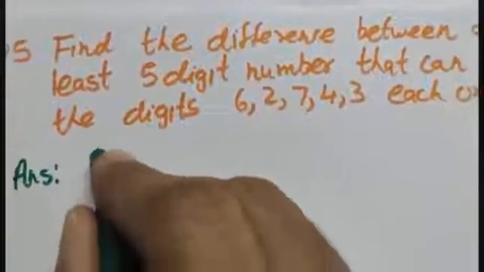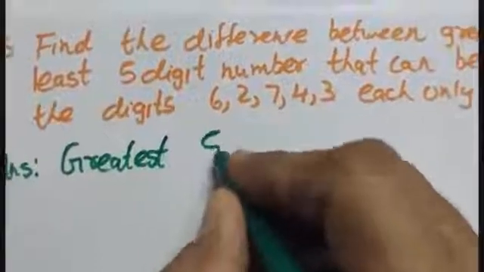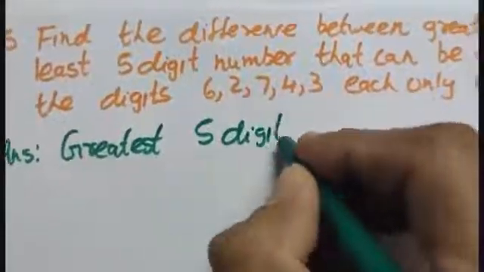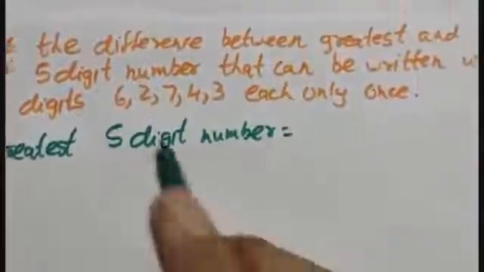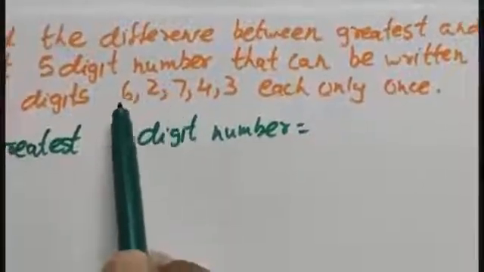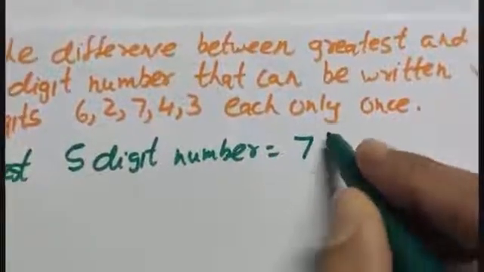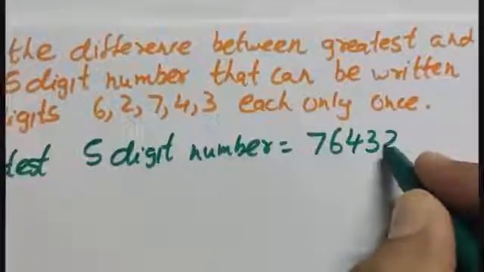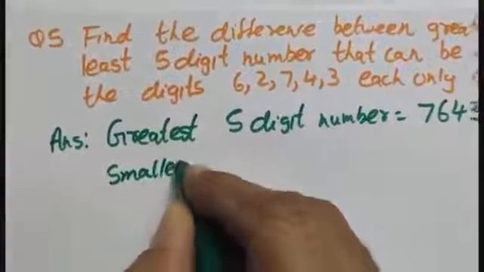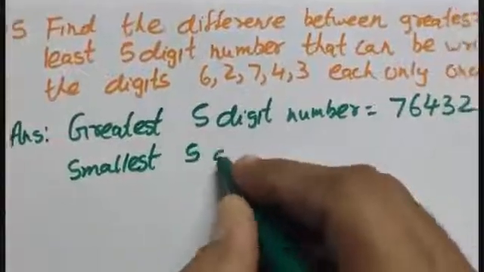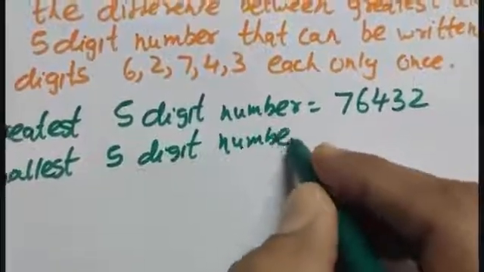So first we will write the greatest 5-digit number. So we will write this in descending order: 7, 6, 4, 3, 2. Then we will write the smallest 5-digit number.